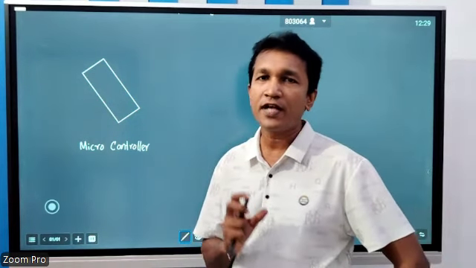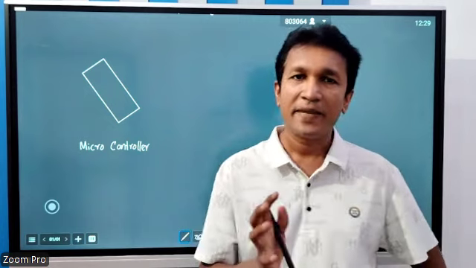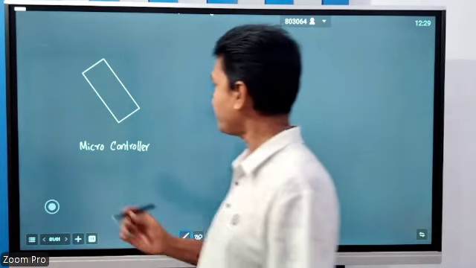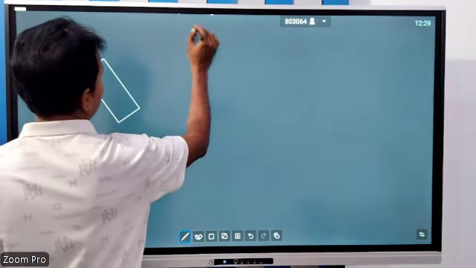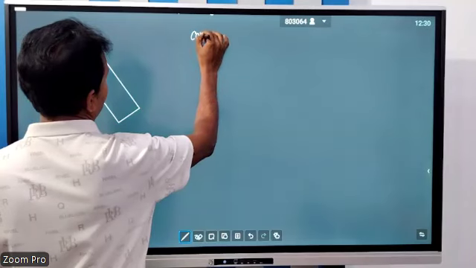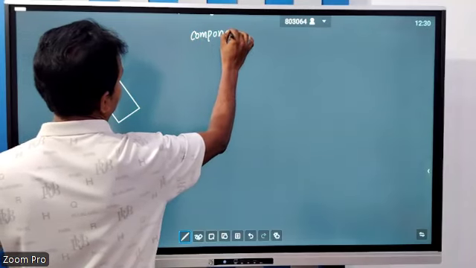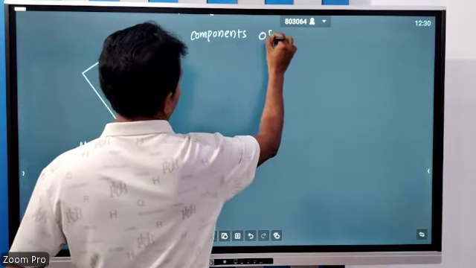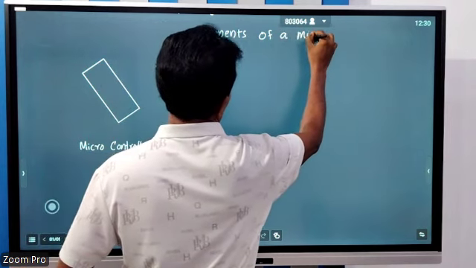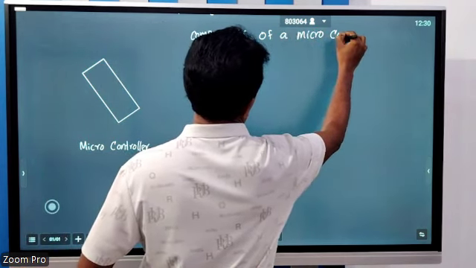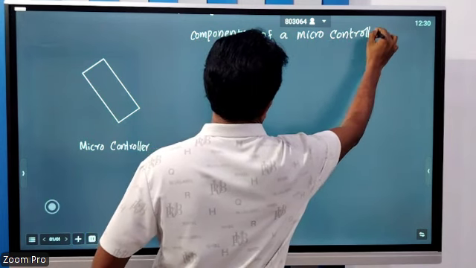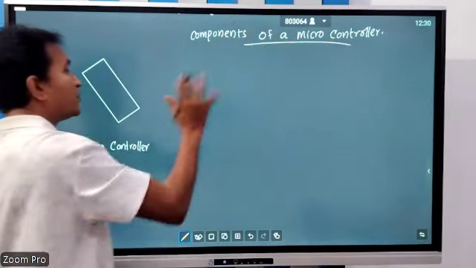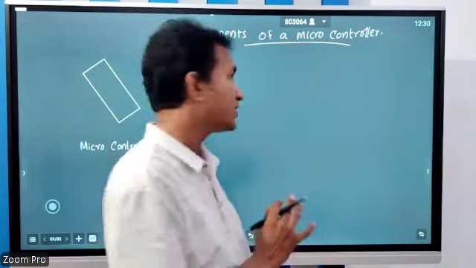So therefore, we should understand what the components inside this are. We need to identify the components in a microcontroller. Components of a microcontroller. Let's see what components are inside any microcontroller.